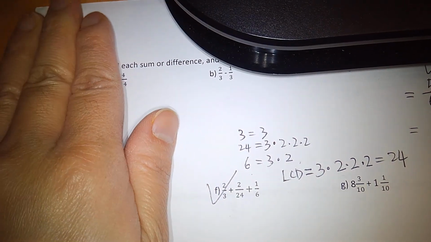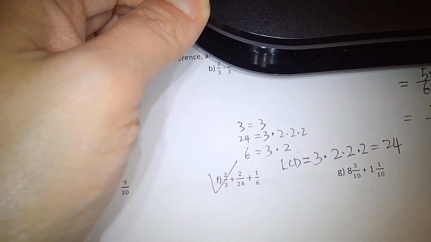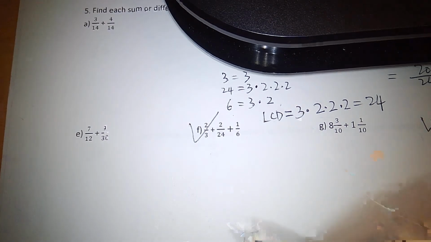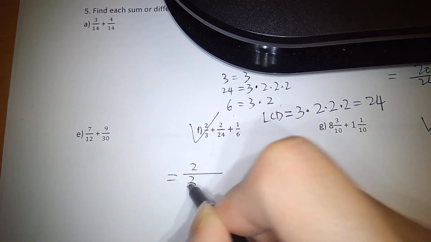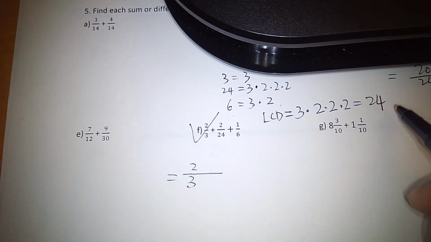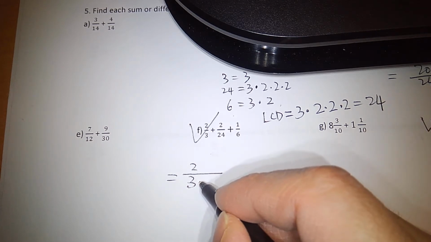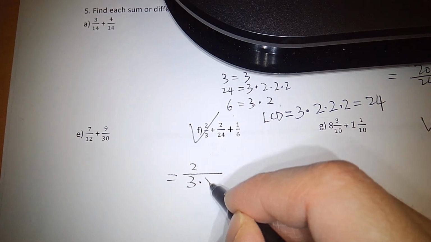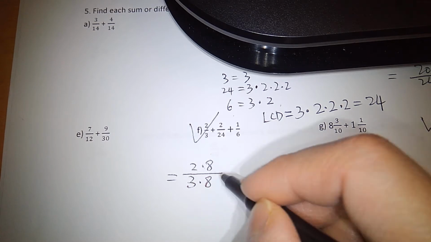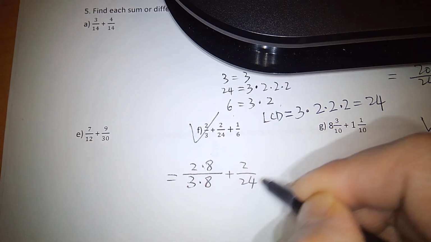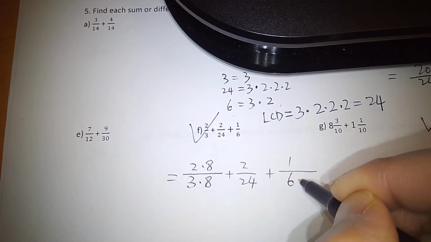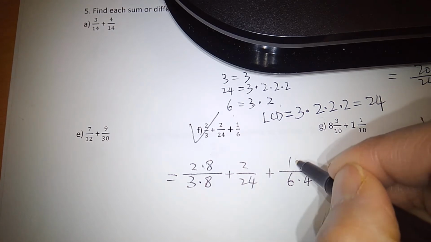Alright, then let's add them up by changing them. 2/3. In order to get 24, we should multiply 3 by what? 8. 2 over 24, we don't have to change anything. 1 over 6, to get 24, multiply by what? 4, right?